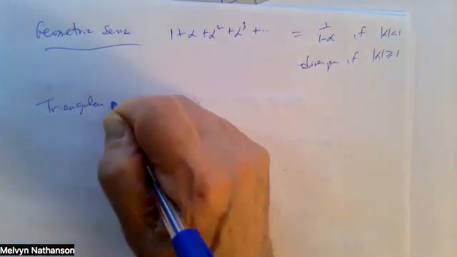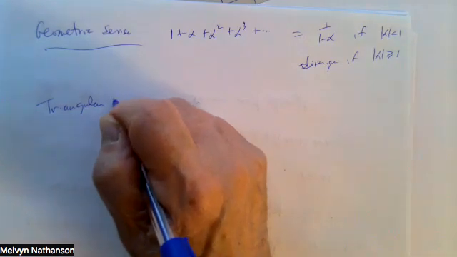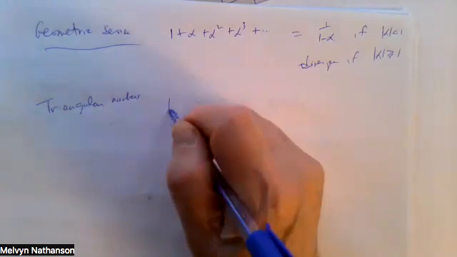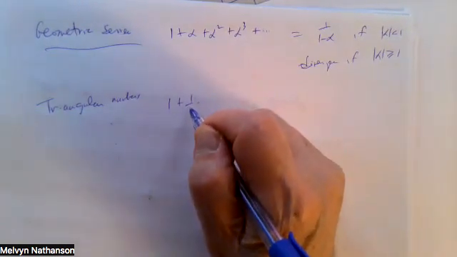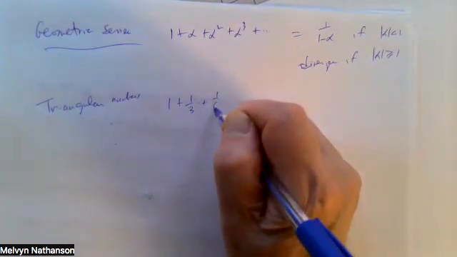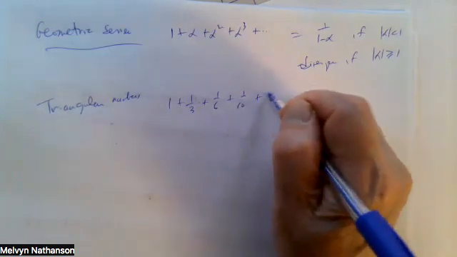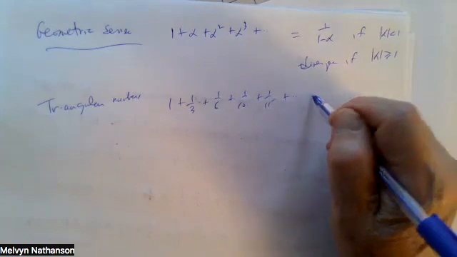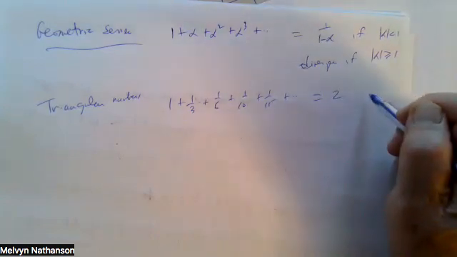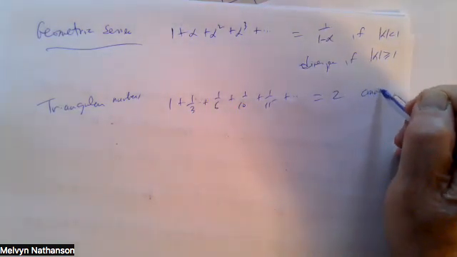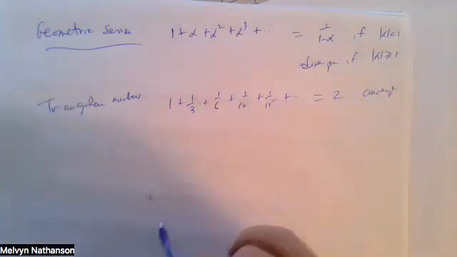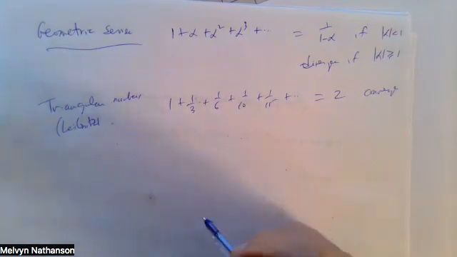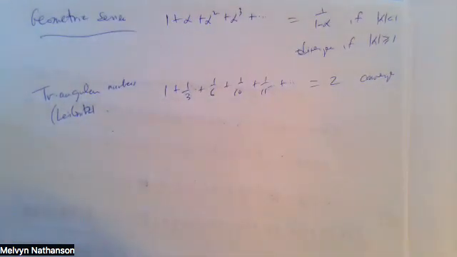We have the triangular numbers, the reciprocals of them: 1 plus a third plus a sixth plus a 10th plus a 15th and so forth. And this converges to 2. This was Leibniz's theorem.